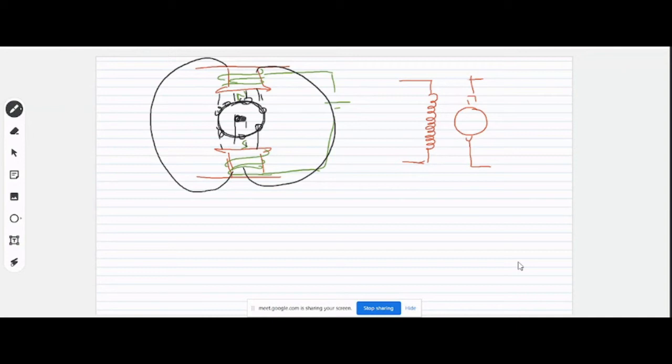Now, when we rotate this, there will definitely be an EMF produced over these armatures. In case of generators, we call this EMF the generated EMF, whereas in case of DC motors, we call it the back EMF.